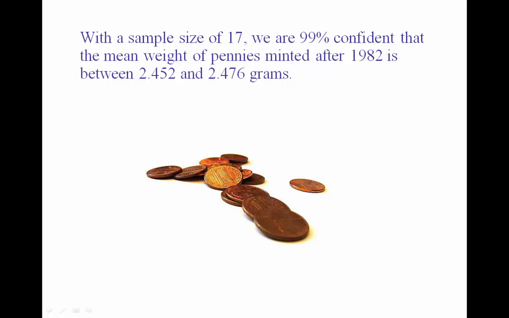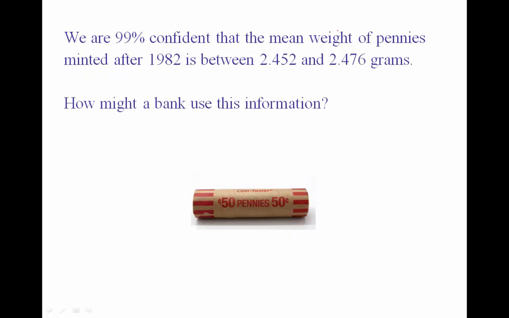Keep in mind this sample size and this confidence level because we are going to look at this example again and do different confidence levels and different sample sizes. So we're 99% confident that the mean weight of pennies minted after 1982 is between 2.452 and 2.476 grams.